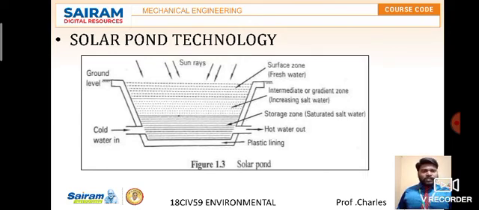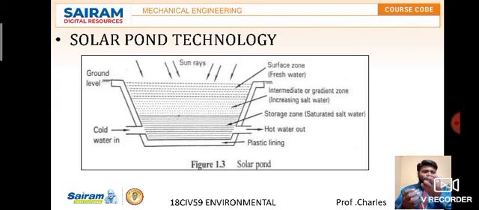The first zone is called the surface zone, the second zone is called the intermediate or gradient zone, and the third is the storage zone, which consists of saturated salt water. There will be two different channels, one for cold water in and one for hot water out, and there will be a plastic lining. The sun's radiation comes and falls on the first surface zone, which is fresh water away from the salt.